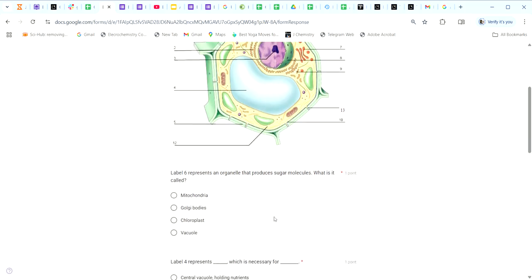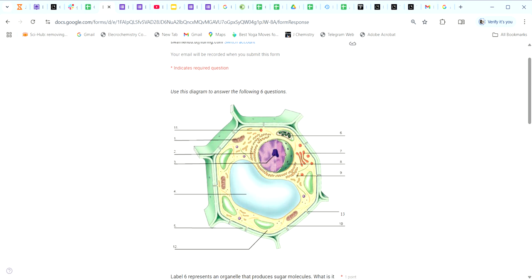Mitochondria, Golgi bodies, chloroplast, vacuole. According to our knowledge, the Golgi apparatus sorts and ships proteins, and chloroplast makes food using the process of photosynthesis.